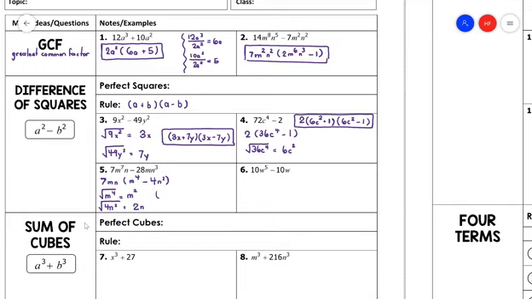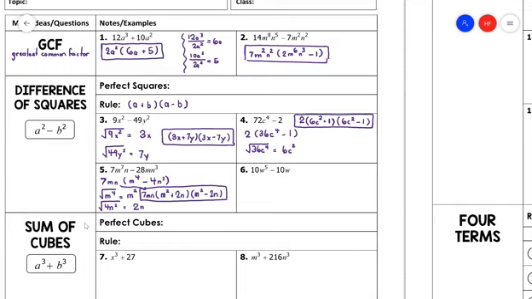So we're left with m squared plus 2n times m squared minus 2n. But that's not my answer. I cannot forget to bring out whatever I took out first. So my final answer has to have the GCF back in it.